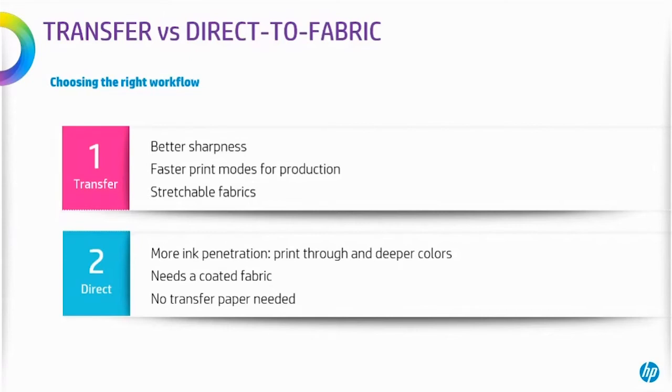Also, there's no transfer paper needed for direct print. Now, with that, you will need tissue paper for your heat press, like I said in the earlier slide. But also, if you're going to print direct, you need a coated fabric.